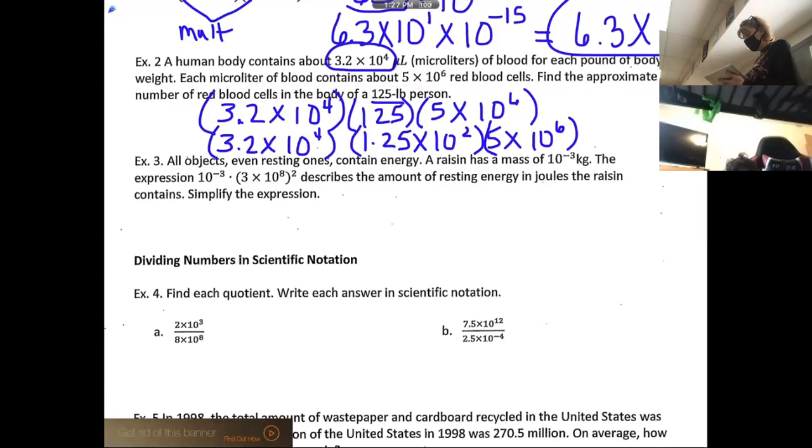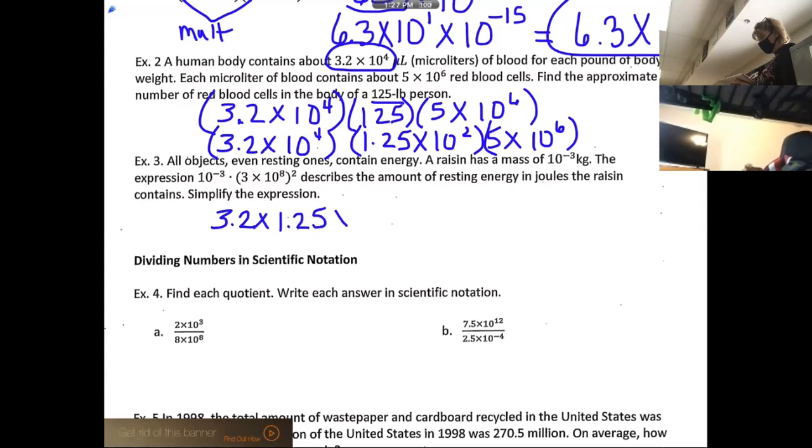Okay, now I'm going to rearrange. So I have 3.2 times 1.25 times 5. Those are all our non-powers of 10. Then I'm going to put my powers of 10 in the same area. So 10 to the fourth times 10 to the second times 10 to the sixth.